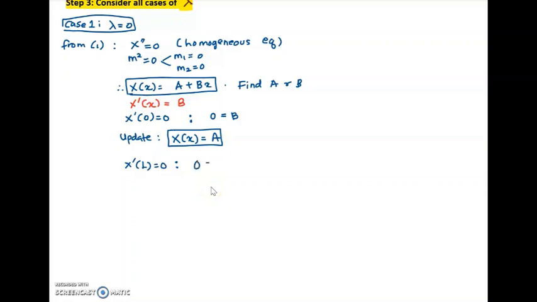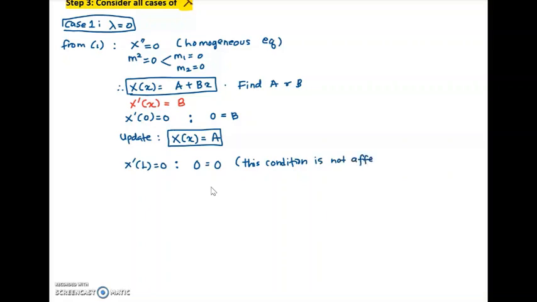At the right-hand side b is already 0, so you have 0 equals 0. So by using the boundary condition x prime of L equals 0, you basically get nothing.